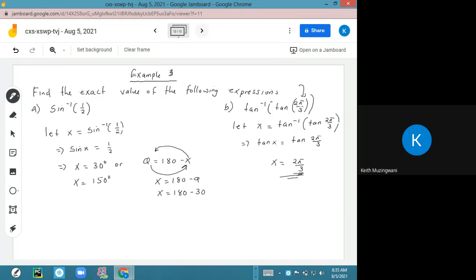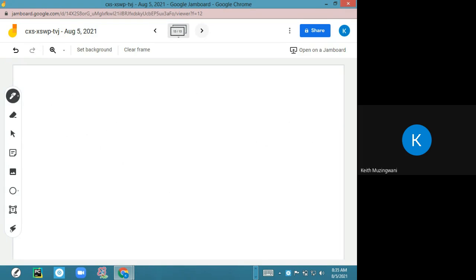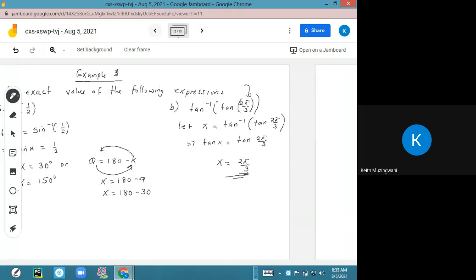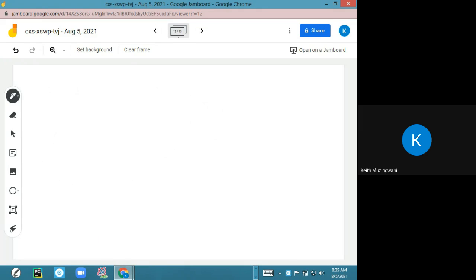Another one, same story here. This was B. Now we do C: sine inverse of half plus cos inverse of half.